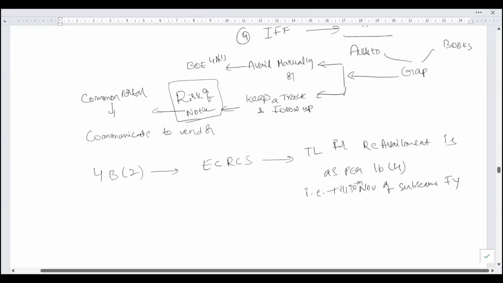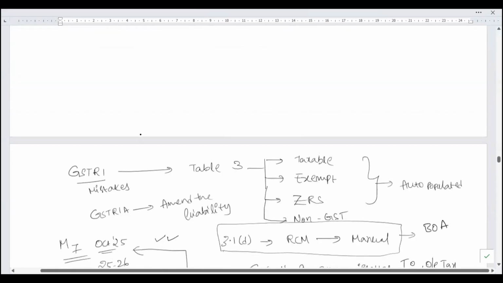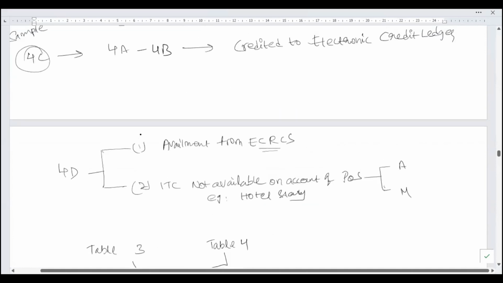Now, the reason: you remember there is a 4D1, availment from ECRCS. This is being monitored at the time of your GST audit. Whenever the GST audit happens, they monitor every month. You picked from that warehouse. Now tell me, which month did you put into the warehouse?